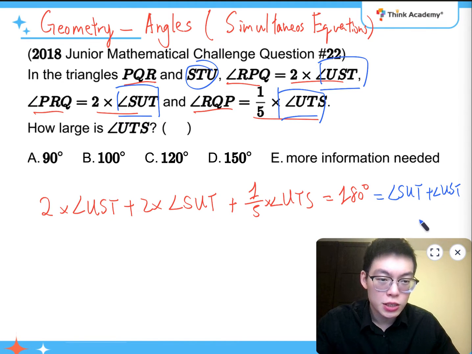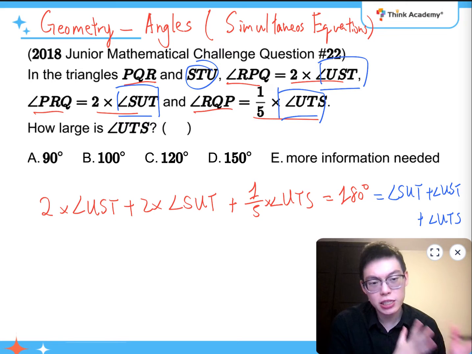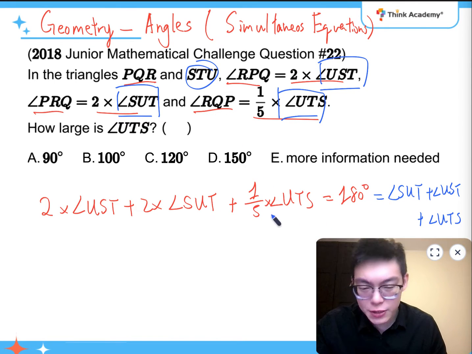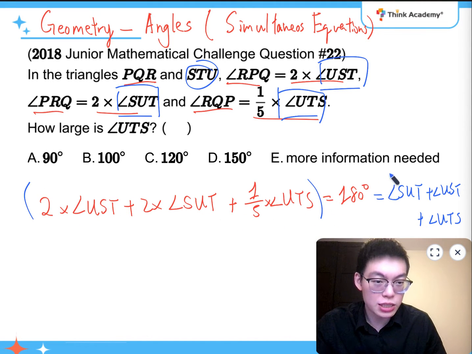So for simplicity, I'm just going to write it in one statement. Now you can easily see that on both sides of these equations, I have the 3 angles of the triangle STU. After a little bit of simplification, you will see that the 180 does not need to be there now, because I have already connected these 2 expressions, right?